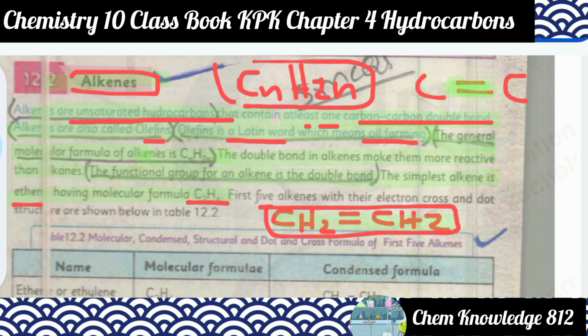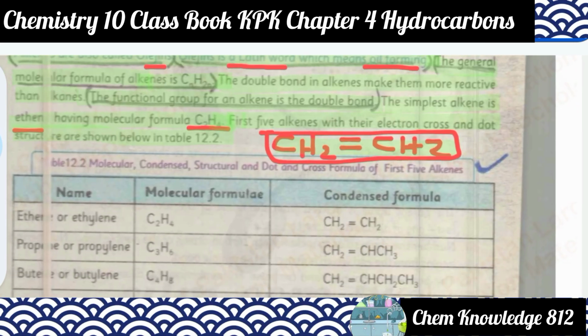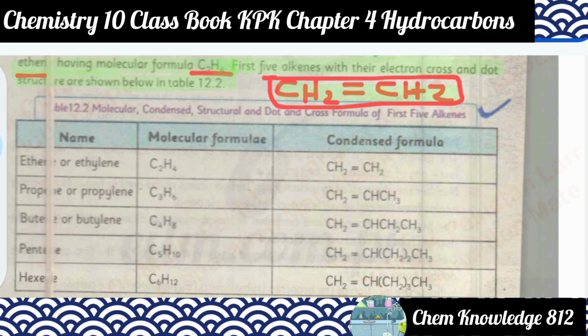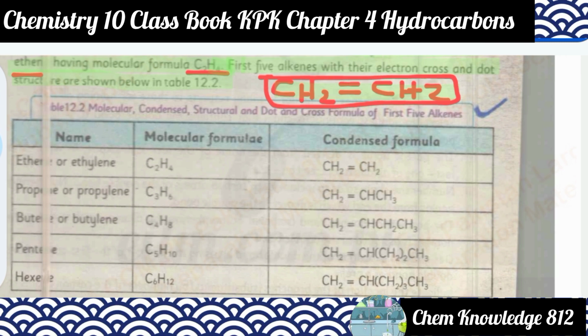The first 5 alkenes with the electron cross and dot structure are shown below in figure 12.2. So the first 5 alkenes are: this is ethene, or ethylene, having formula C2H4, and the condensed formula CH2=CH2.